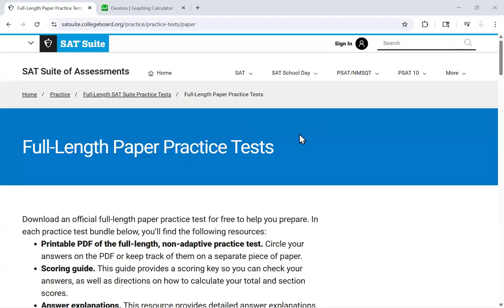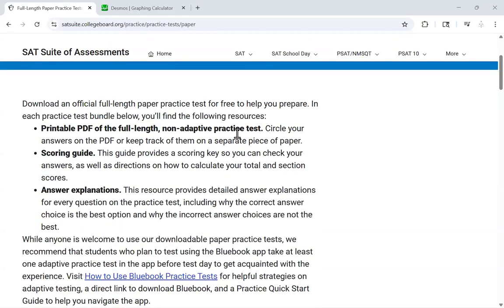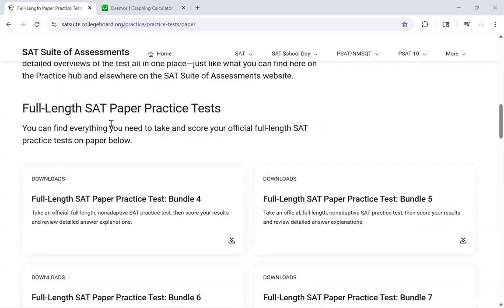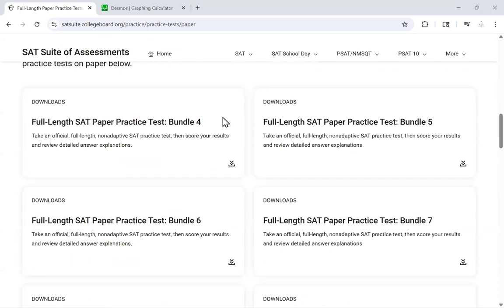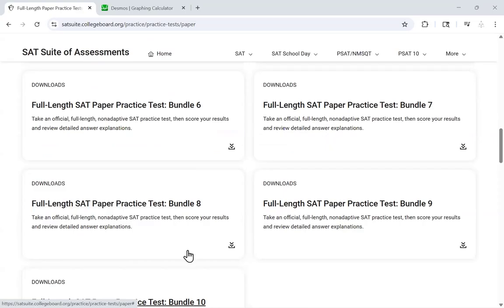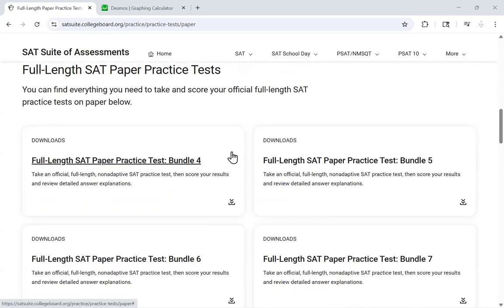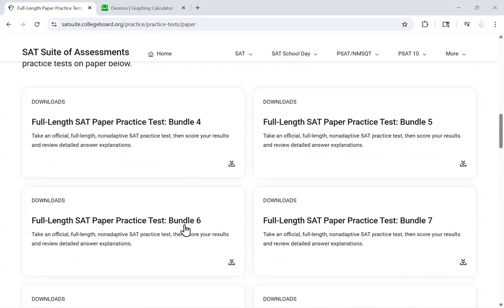That website looks like this when you get on it, and if you scroll down, you'll see some full-length SAT paper practice tests. There's bundles 4, 5, 6, 7, 8, 9, and 10. There used to be bundles 1, 2, and 3 as well. And you will find videos for all of these bundles or all of these tests on this YouTube channel.